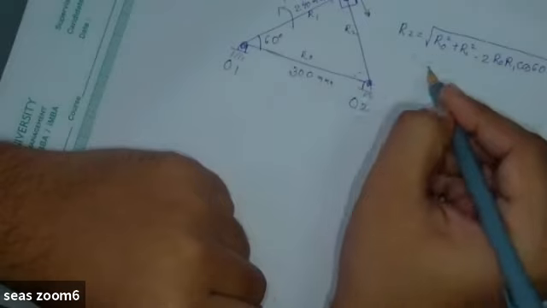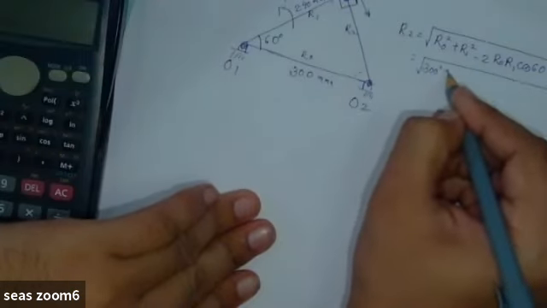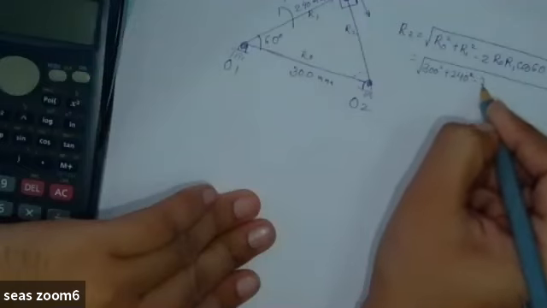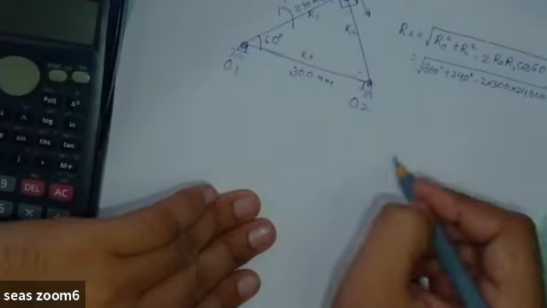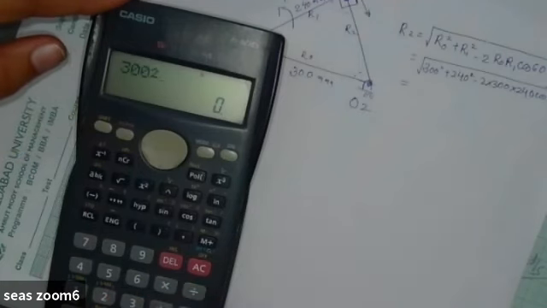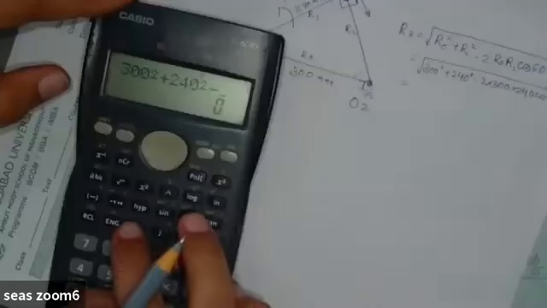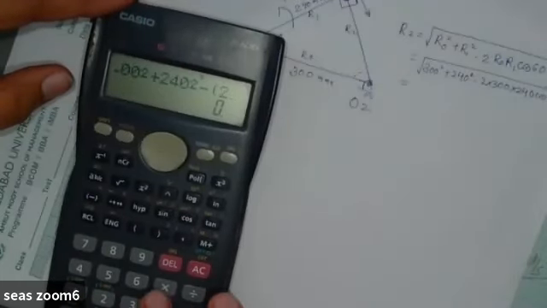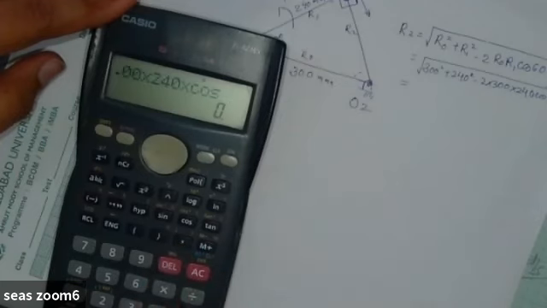R0 is given as 300. So let's do some calculations: 300 squared plus 240 squared minus 2 cross 300 cross 240 cross cos of 60.